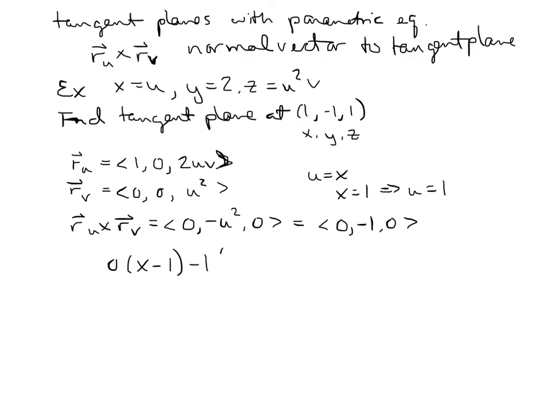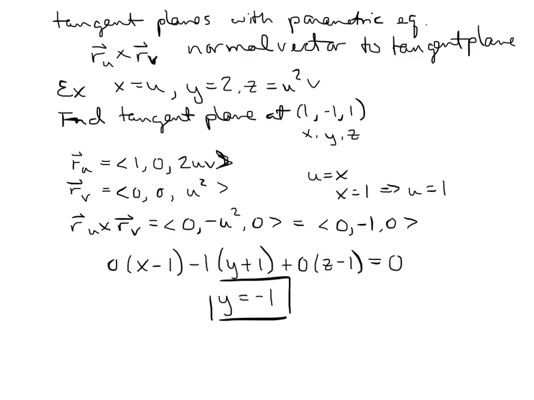The y value of the normal vector times y minus y naught, so that's going to be a y plus 1 because the y value is negative and we're subtracting it. Plus 0 times z minus the z naught value, which is 1. And we'll set that equal to 0. If you simplify this, you get y equals negative 1. So there's our tangent plane.